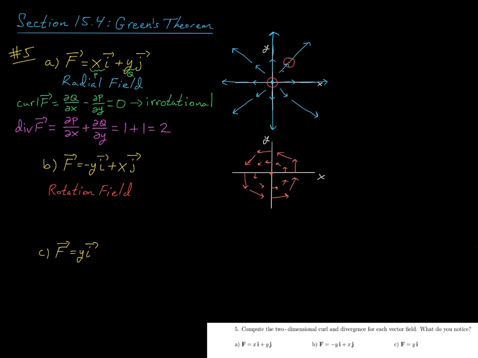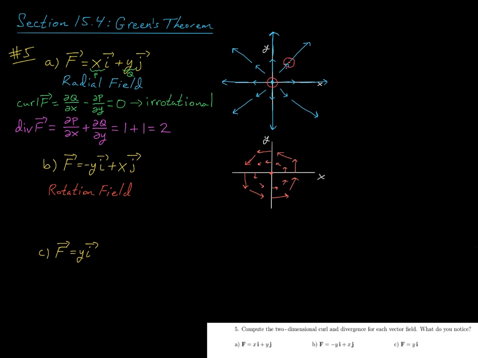It's going to want to push it this way, but since our vector field's acting radially outward, you're going to get an equal but opposite push in this direction, and they're going to wind up canceling out, and you still will have no rotational tendency created there by the vector field. So again, it makes sense that the curl is 0.